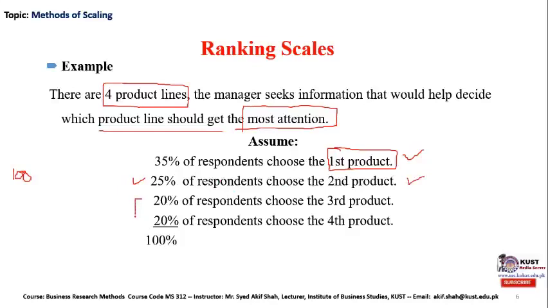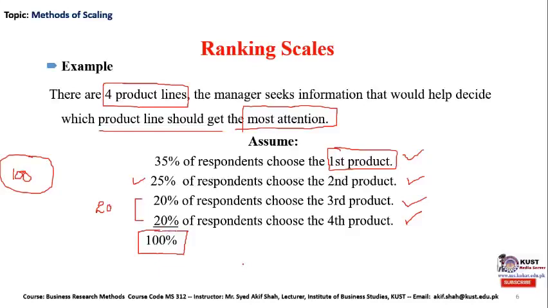And similarly for the third and fourth product lines, 20% or 20 respondents, if there are 100 respondents in this research or survey, choose the third product to be given the most emphasis, and similarly 20% or 20 respondents have chosen the fourth product to be given the utmost attention. And then the sum of all these four respondent categories gives 100% of the responses.